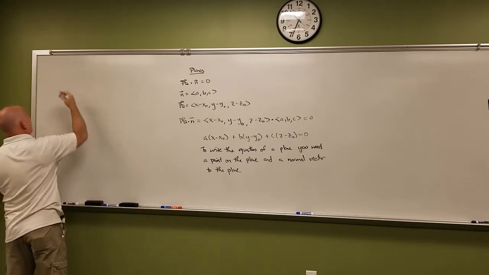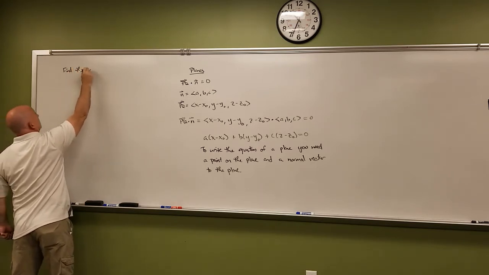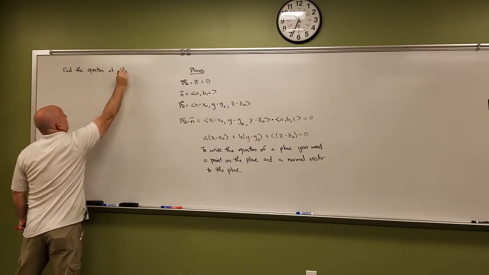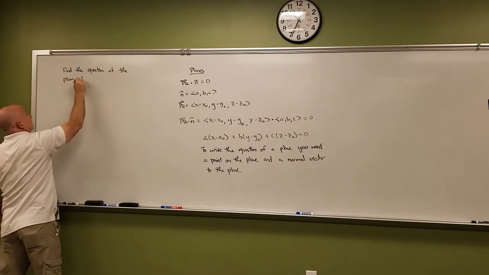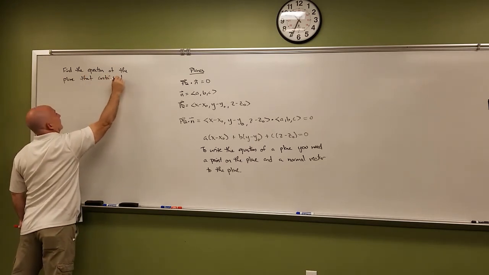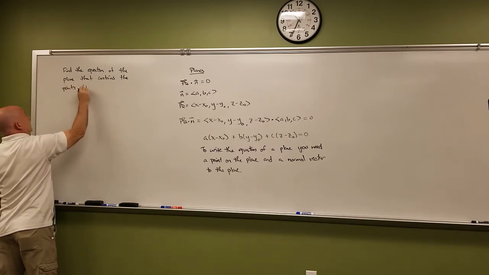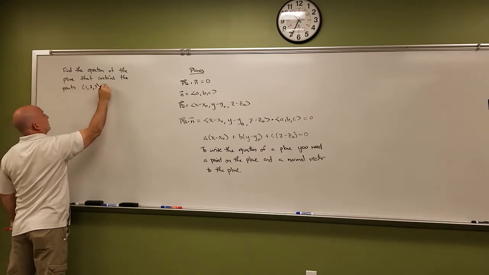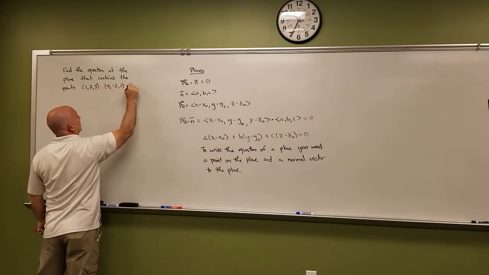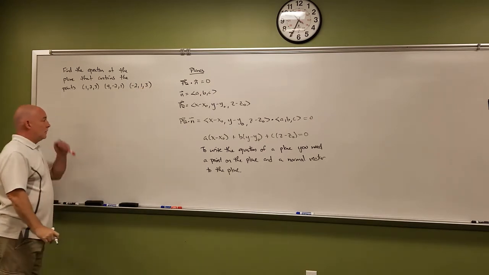Let's see, find the equation of the plane that contains the points, I don't know, 1, 2, 3, 4, negative 2, 1, negative 2, 1, 3. Okay.